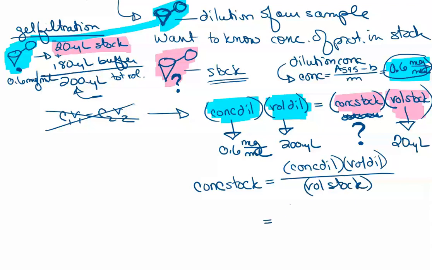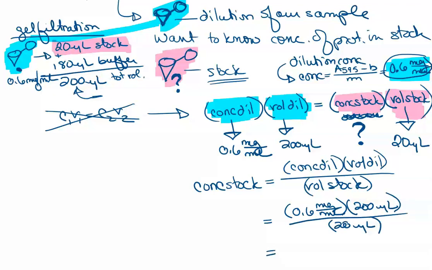And when we do that, we have 0.6 mg per mL times 200 microliters divided by 20 microliters. And I'll trust that you can do the math. We're going to end up with that stock concentration being some number, whatever the answer is, and the units on that are going to be mg per mL.